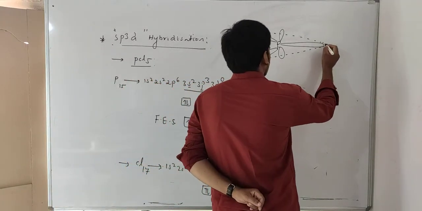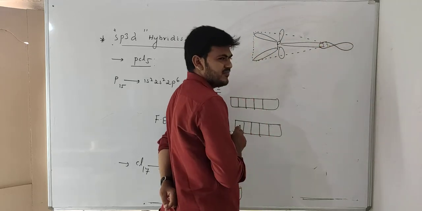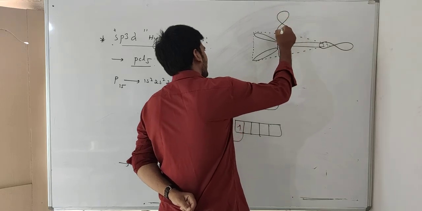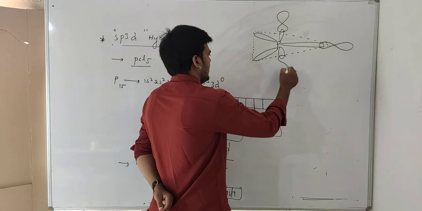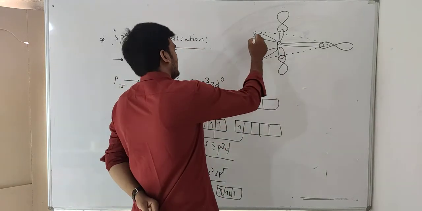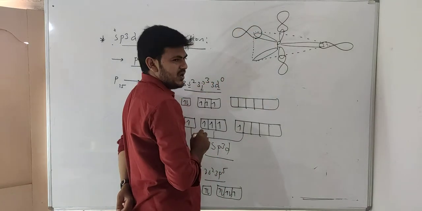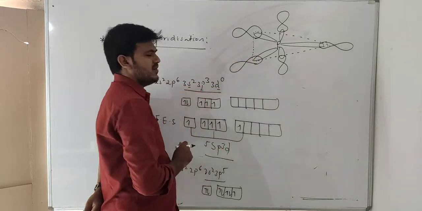So the first pz orbital of a chlorine atom, next the second pz orbital, the third pz orbital, the fourth pz orbital, and the fifth pz orbital of a chlorine atom.